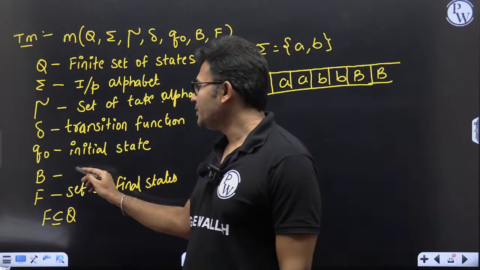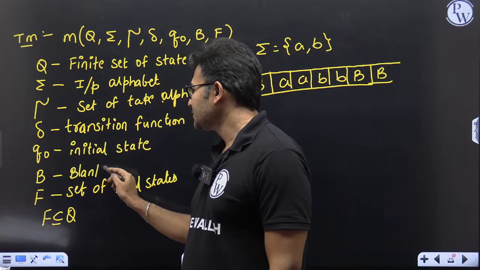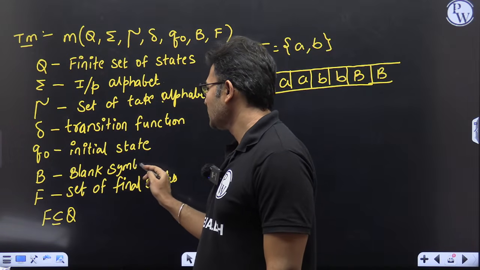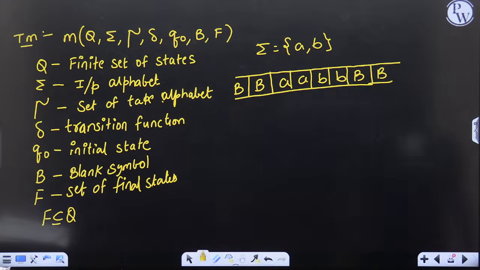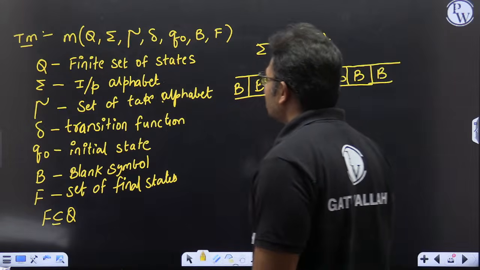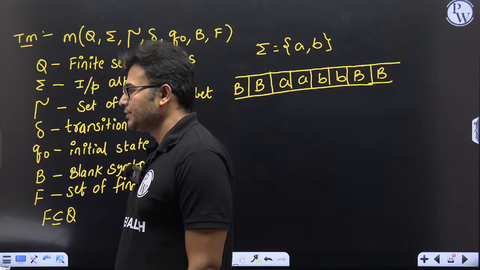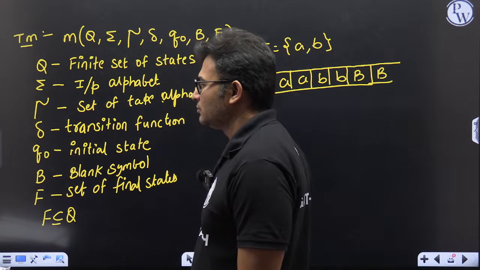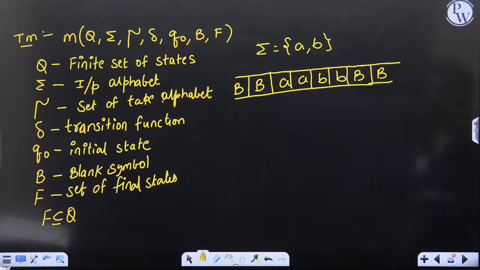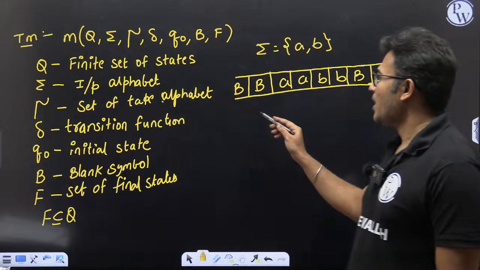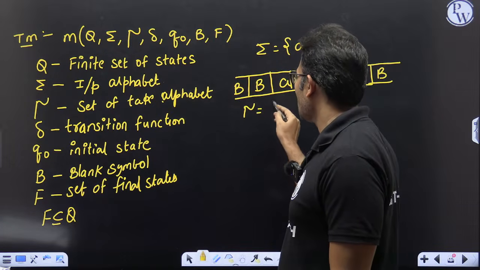So what is B? B means blank symbol. Now tau can be on the tape.